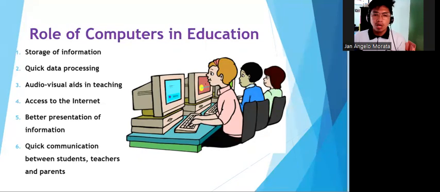So, kahit na nasa malayo, there's a distance between the teacher and the parents and students, still communication may exist. And that is the good side of using computer in education.